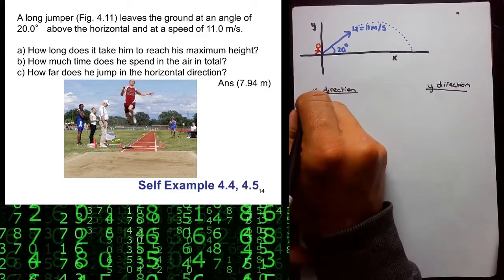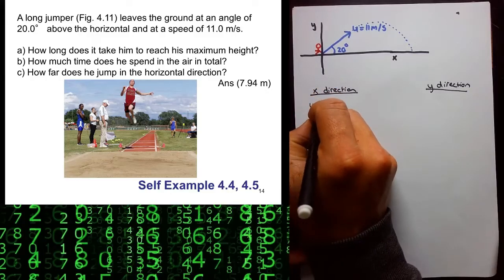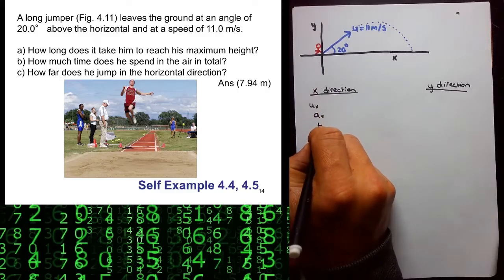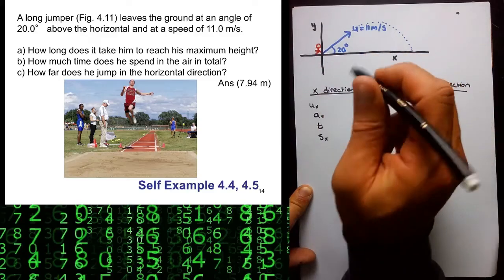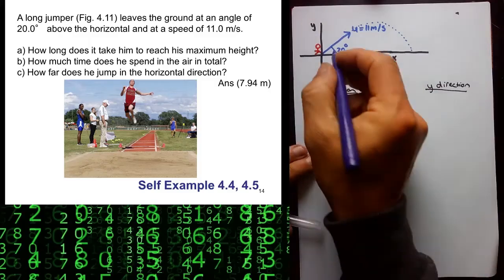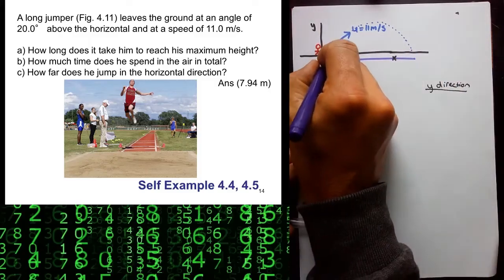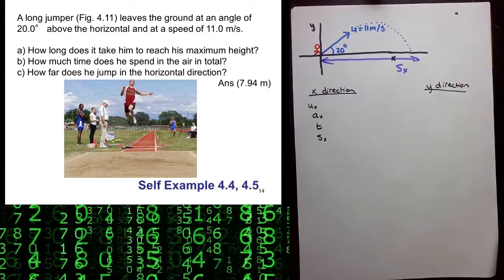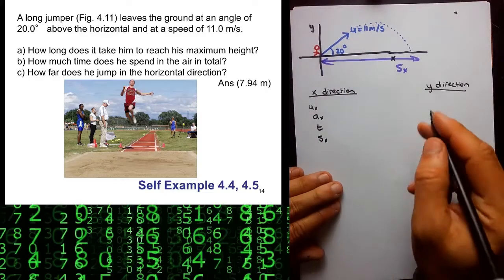The different quantities which we need to know about are u_x, a_x, time, and s_x. s_x refers to the total distance which he would jump. So s_x in this case would be this distance here shown in purple. Similarly for y, we'll have a number of different quantities.